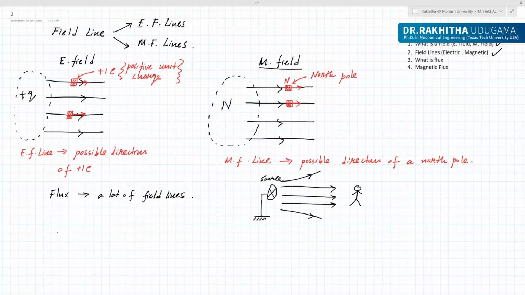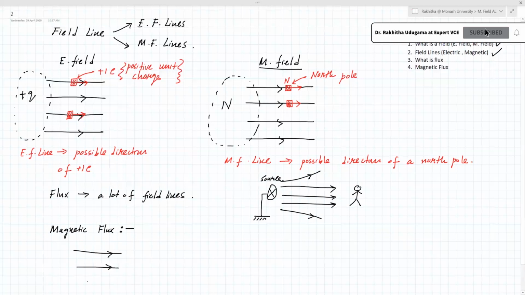Now, when it comes to magnetic flux, here I'm going to do magnetic flux. So you can generally draw a flux like that.